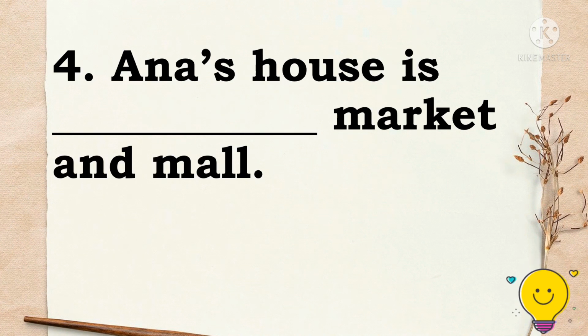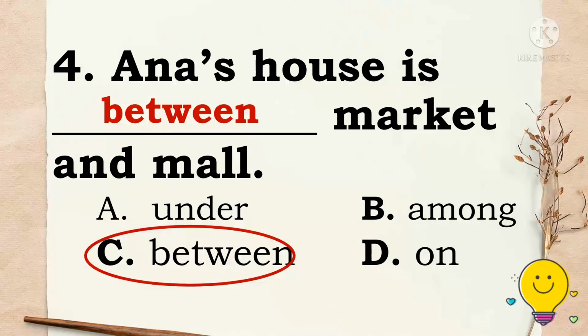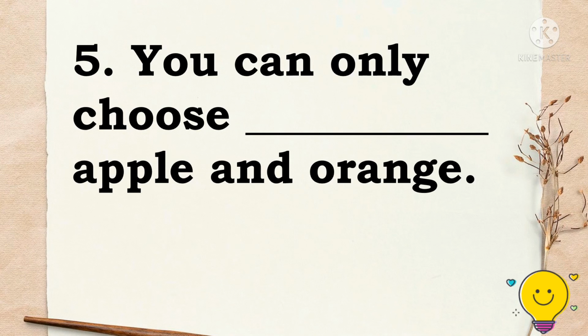Number 4. Anna's house is blank market and mall. A, under. B, among. C, between. Letter D, on. Nice! You got the correct answer. It's letter C, between. Anna's house is between market and mall. Number 5.